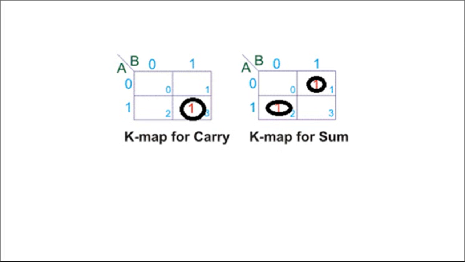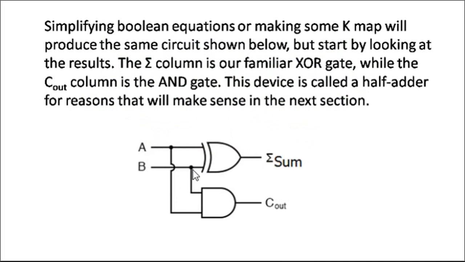Then see the sum, this is nothing but A bar into B plus B bar into A. It is nothing but an XOR gate. That's why we draw here an XOR gate with inputs A and B.